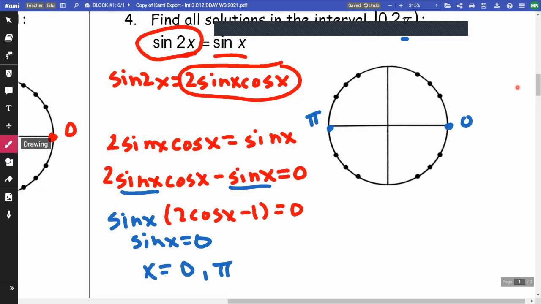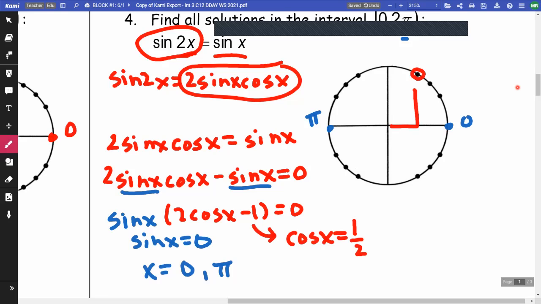Now for my cosine, if I set this equal, cosine x, I'm going to add 1, divide by 2. So where's my cosine equal to a 1/2? So that's going to be short, long because cosine is my x. So short, long. Short, long.